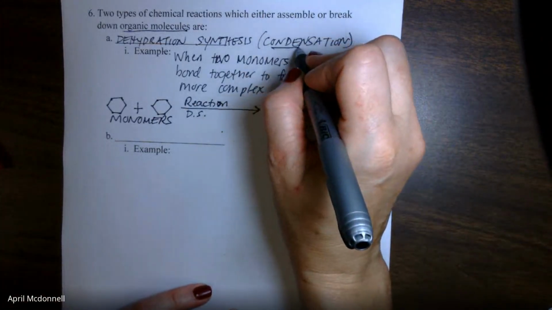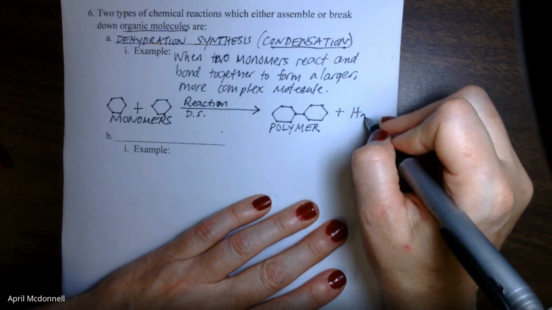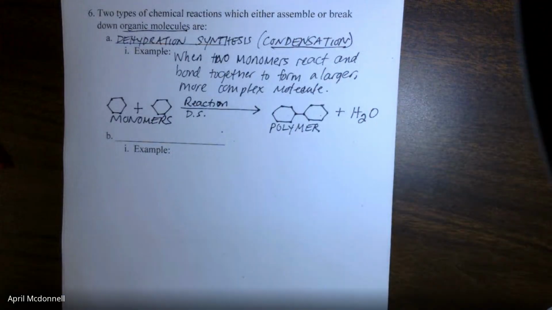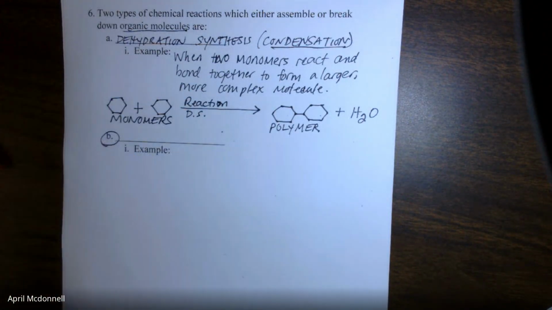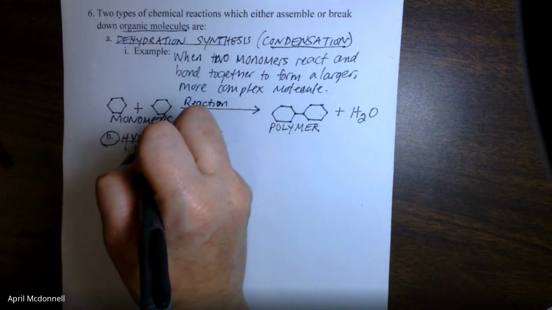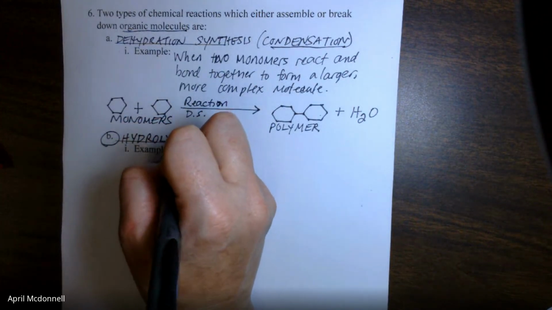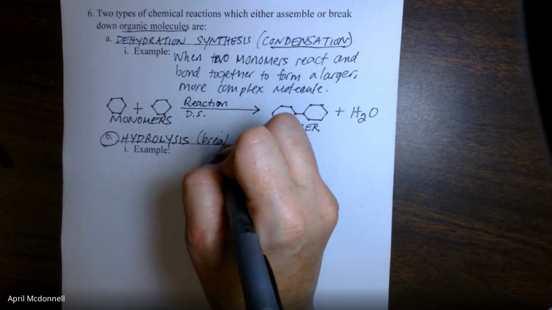This is often called a condensation reaction because a water molecule is also produced when the reaction occurs. The next type of reaction is going to be when your cells are breaking something down. And this is going to be called a hydrolysis or a hydrolytic reaction. This is breakdown.